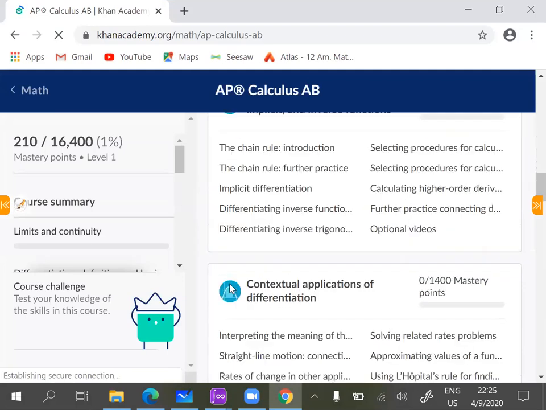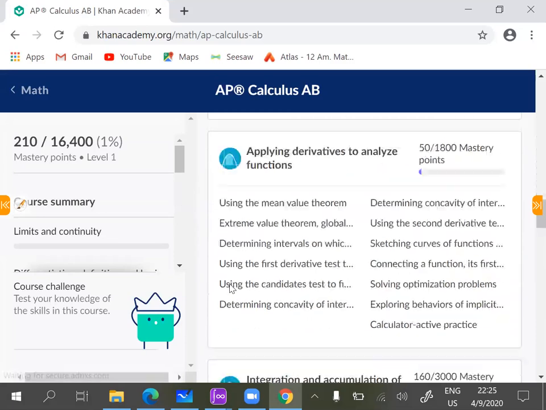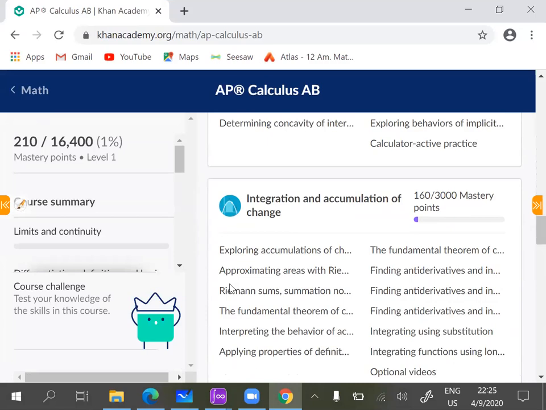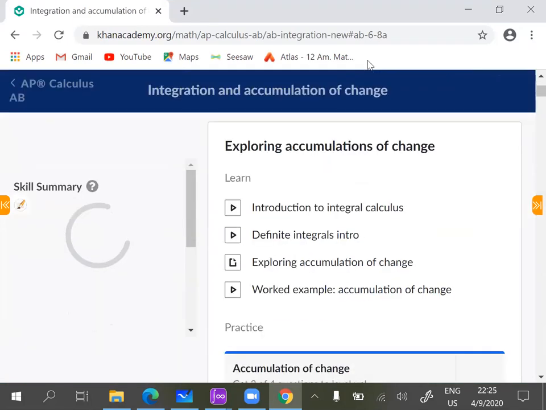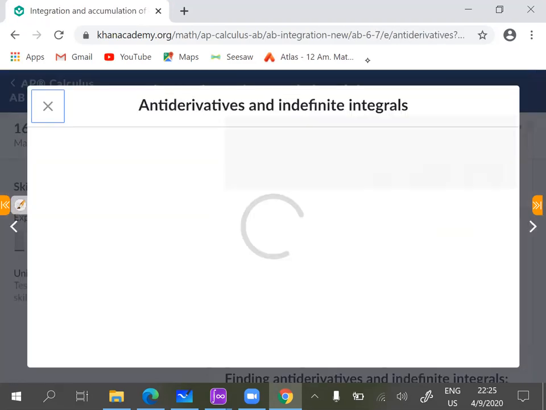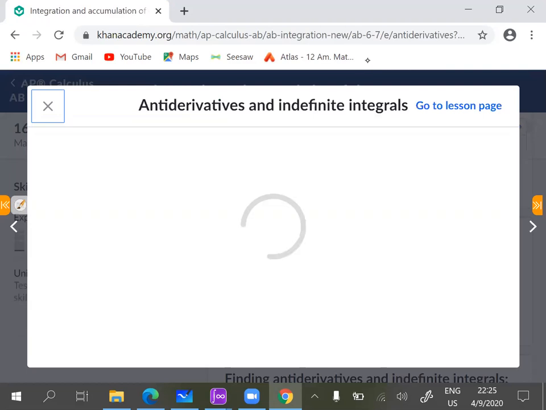Today we will talk about integration, the antiderivative. Find the antiderivative. Okay, let's go.